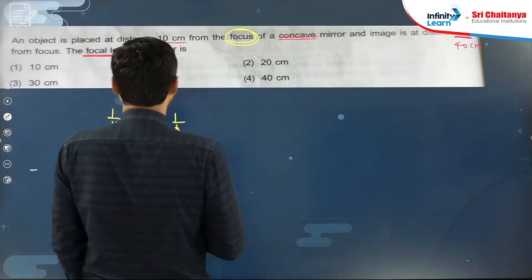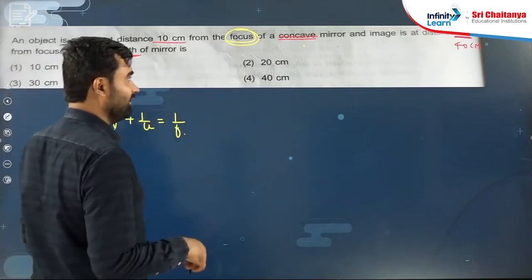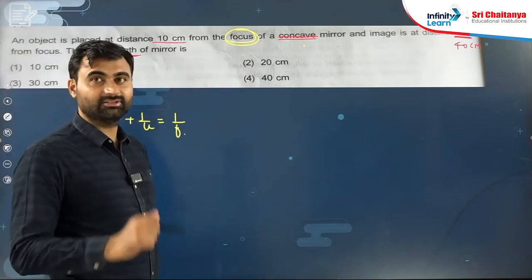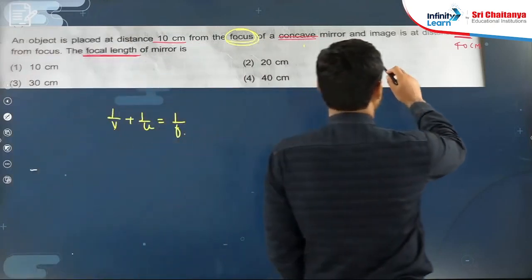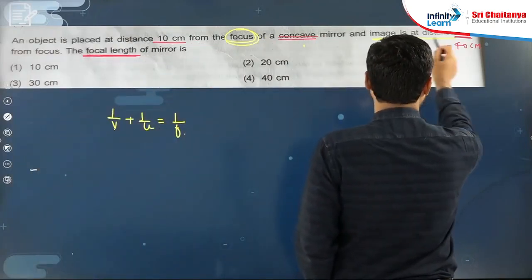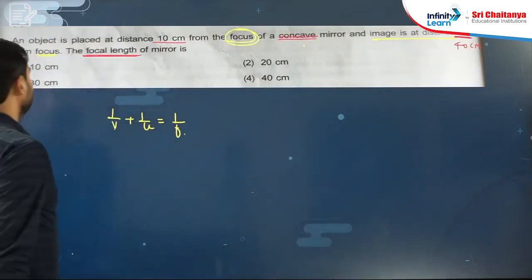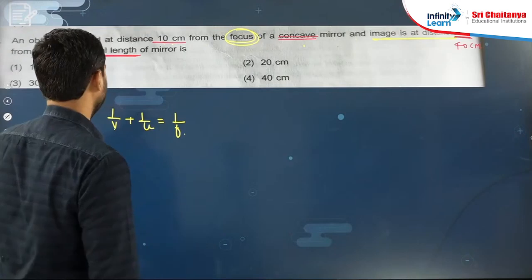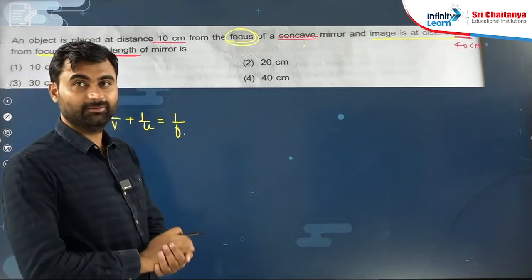This distance is given from the focus, and the image distance is also given from the focus, right? So both are given from the focus, not from the pole.